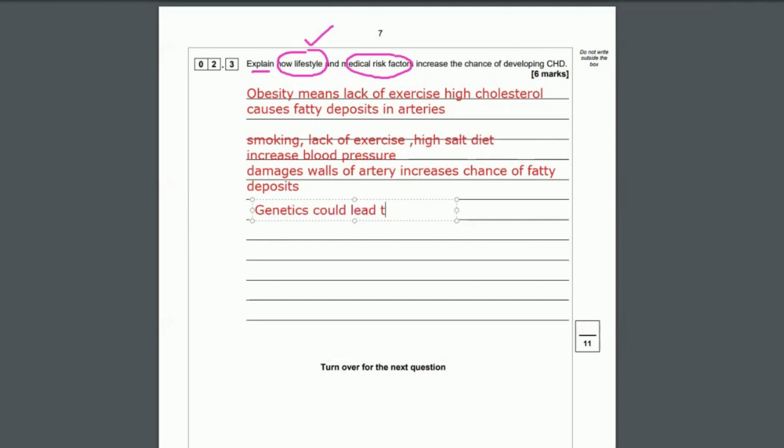It might not be the fact that you've taken salt or that you smoke. You might be really healthy in your diet, but genetics could lead to you having high blood pressure, leading to increased chance of fatty deposits, or we can say plaque buildup, or atheroma, or thrombosis, all of that kind of stuff. So it could be down to your genetics.